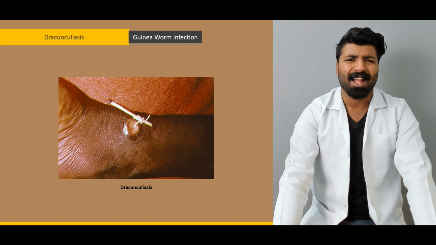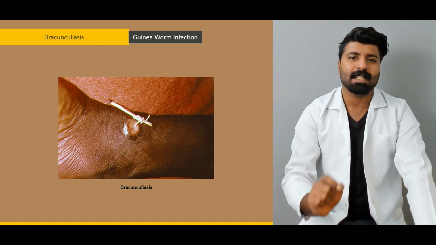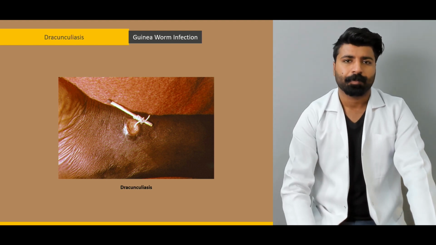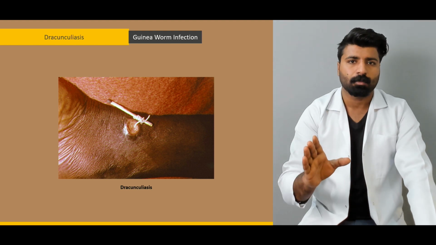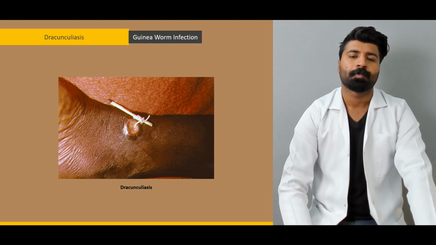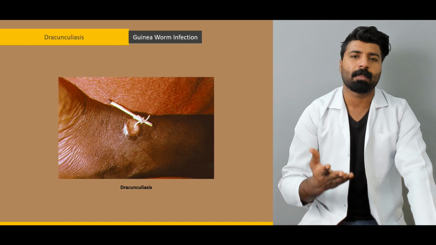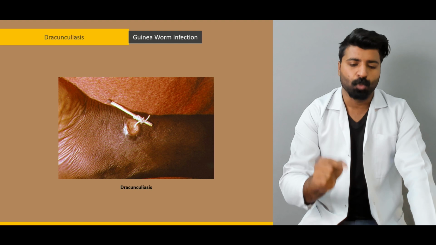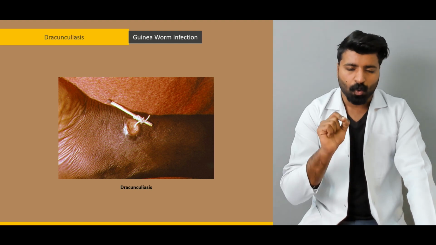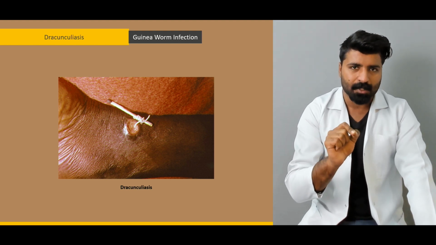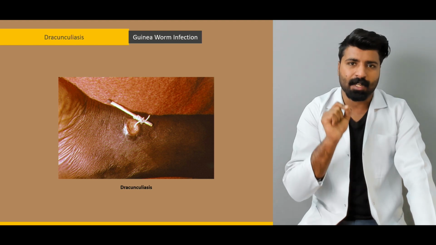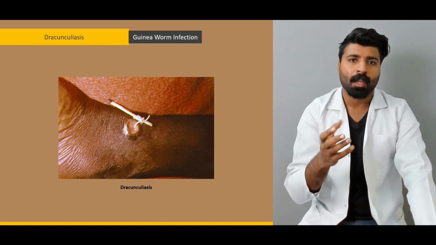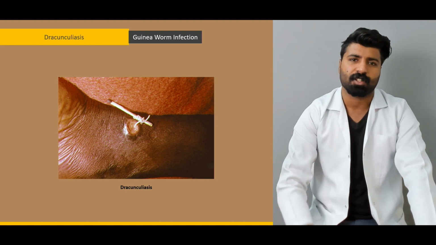So let's talk about the life cycle of dracunculiasis before we move on to its clinical symptoms. Now, this is caused by stagnant water. How will this cycle go on? Let me tell you. Maybe I'm the patient suffering from dracunculiasis. This pathogen moves through the legs, crosses all the skin barriers, gets to the external surface, and causes a severe itch.